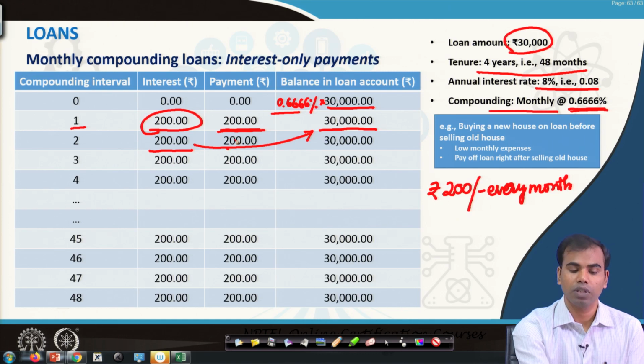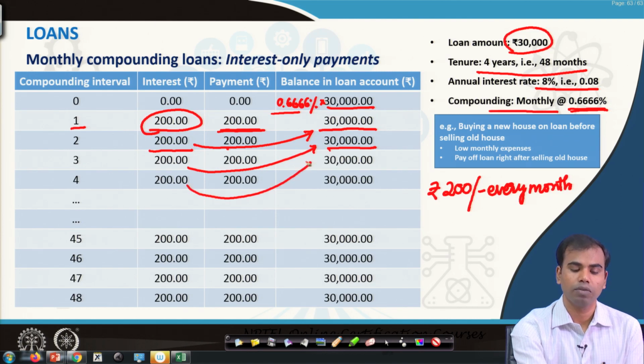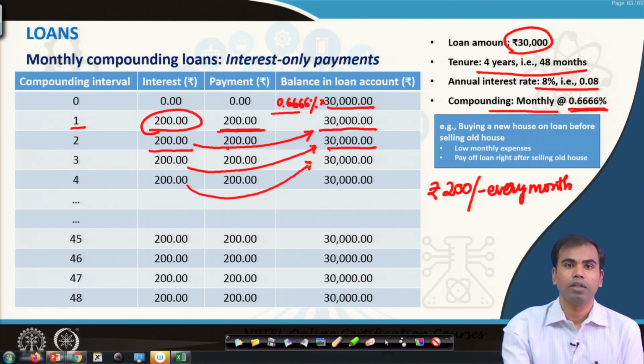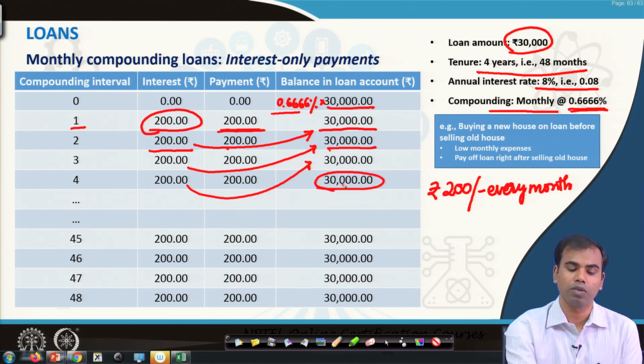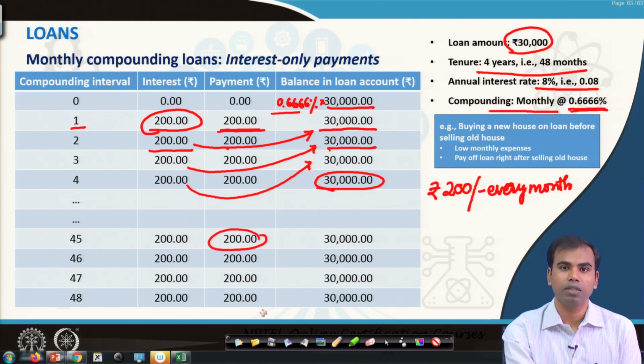You paid off 200, 30,000 remains, again interest is calculated on this amount, and so on. Your balance in the loan account will always be 30,000 because you have paid the interest charges every month. You are paying just enough to cover the interest charges, and that is why the balance in the loan account in this scenario is always 30,000.